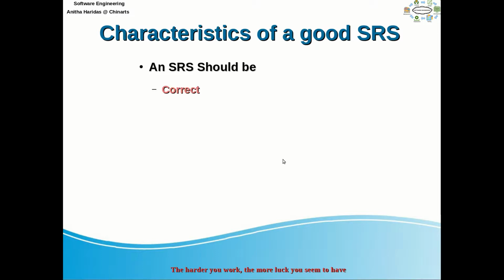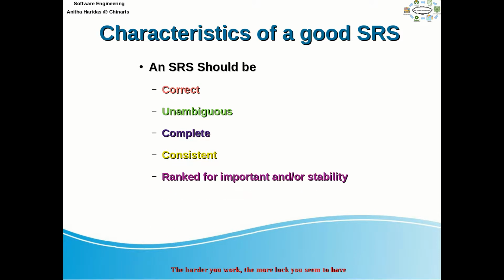It should be correct, unambiguous, complete, consistent, ranked for importance or stability, verifiable, modifiable, and traceable. So if an SRS has all these characteristics, then I can call it a good SRS. Let us see what these characteristics are.